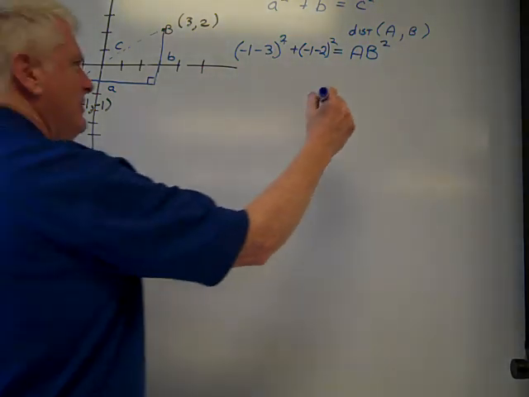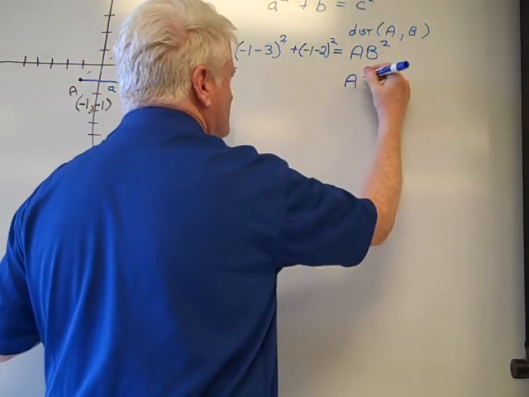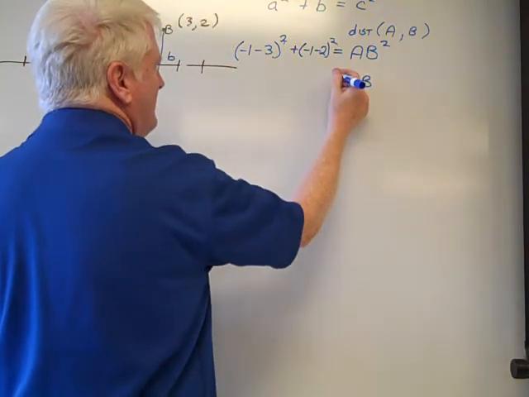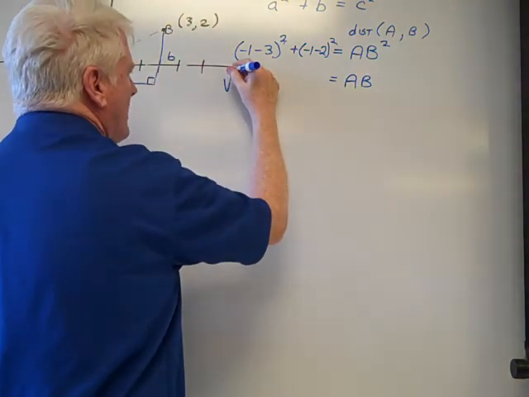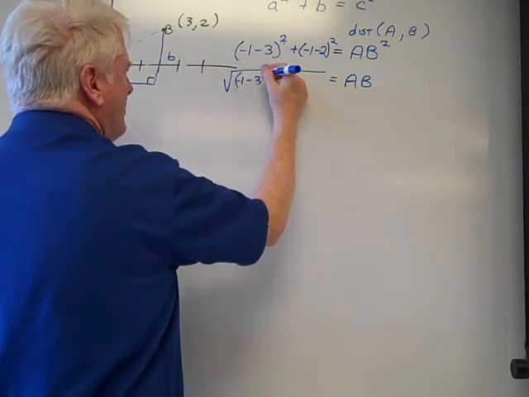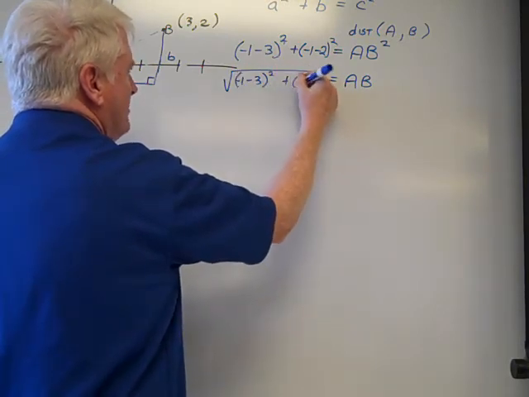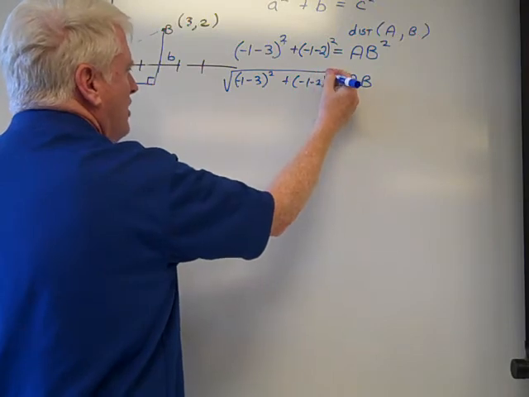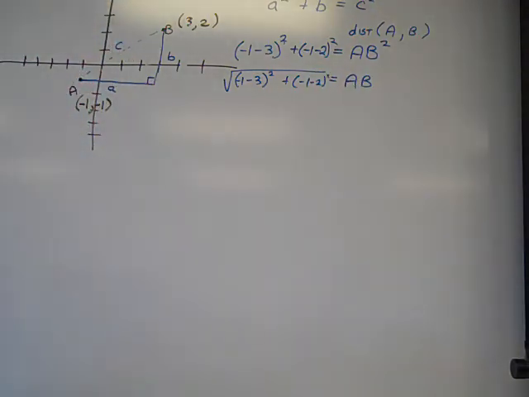And finally, we get here that this length, just the plain old AB, is equal to the square root of negative 1 minus 3 squared, plus negative 1 minus 2 squared. And you can't just take those square roots separately. It's not the same as adding them first and then taking the square root.